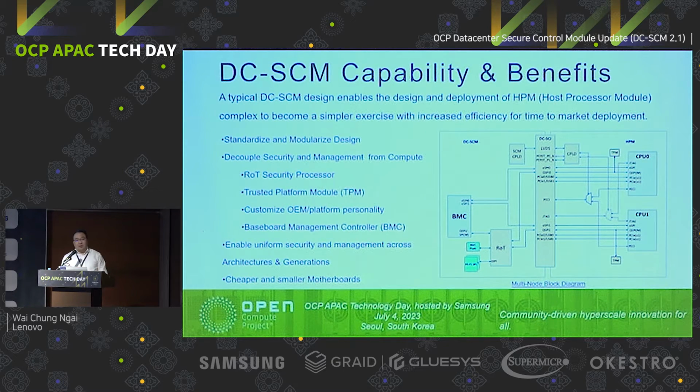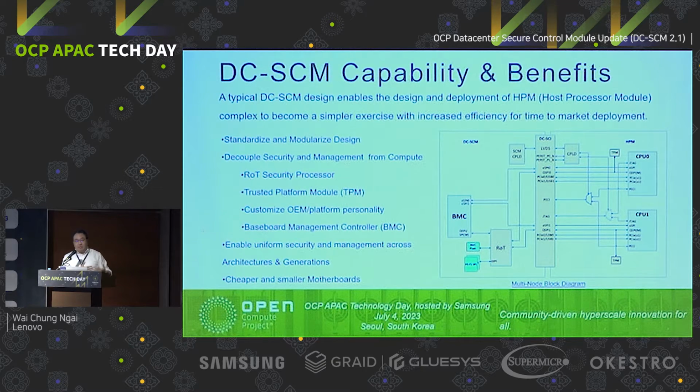We're easily talking about 30 to 50 different types of platforms, and those platforms are generally available to multiple customers. If each customer requires customization and deploys their own security solution, that would be very complicated.